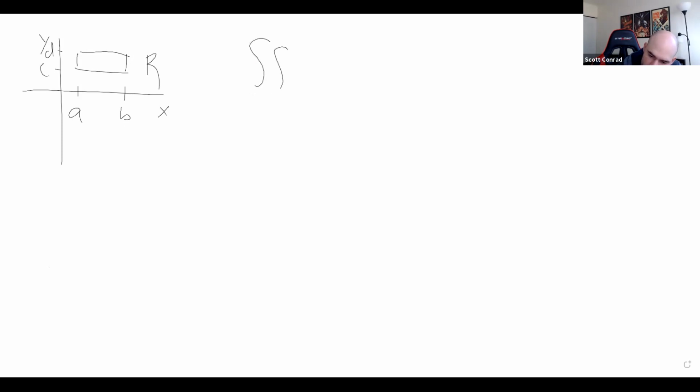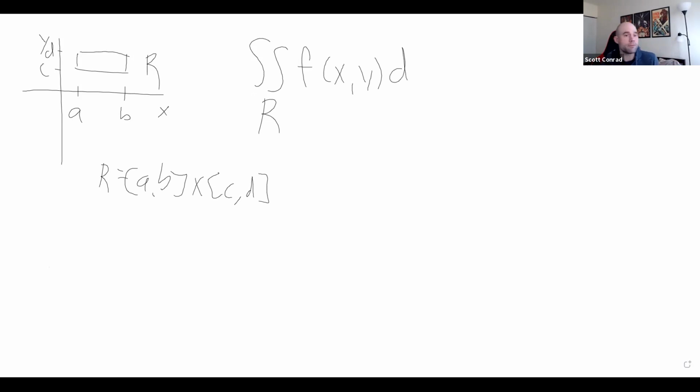So we evaluate the double integral over such a rectangle R. If we evaluate the double integral of a function f of x, y over the rectangular region R with respect to area, the way we do that is we just turn that into an iterated integral. First, we integrate with respect to x, and then with respect to y.